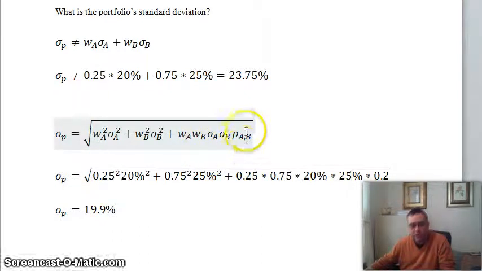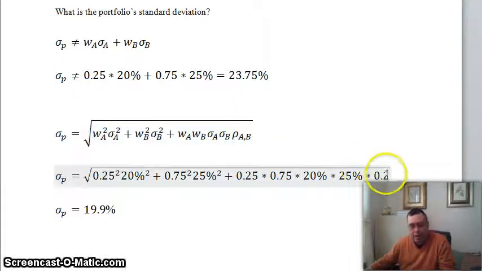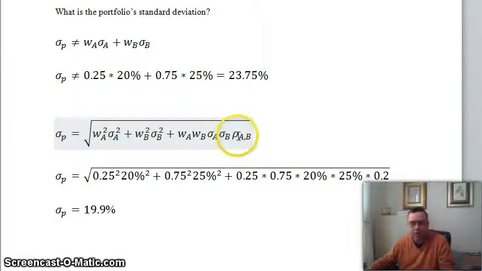There's a correlation coefficient over here. The lower that correlation coefficient, the more diversification benefits you're going to get. If this is 1, it's just going to end up being a weighted average of the two individual standard deviations. But as long as the correlation of the two assets isn't 1, there's going to be some diversification benefit. It's going to lower this whole right term here by this factor, which in our case was 0.2.